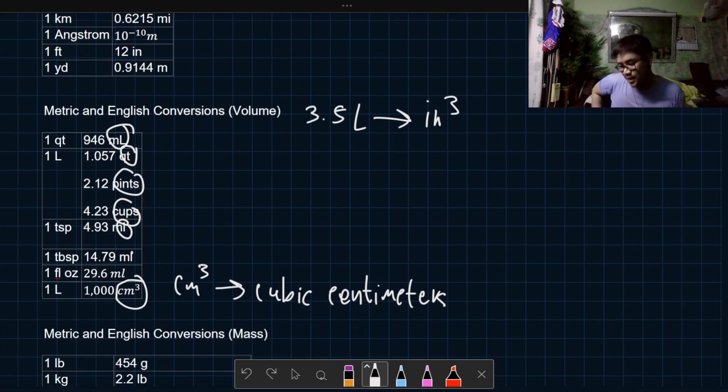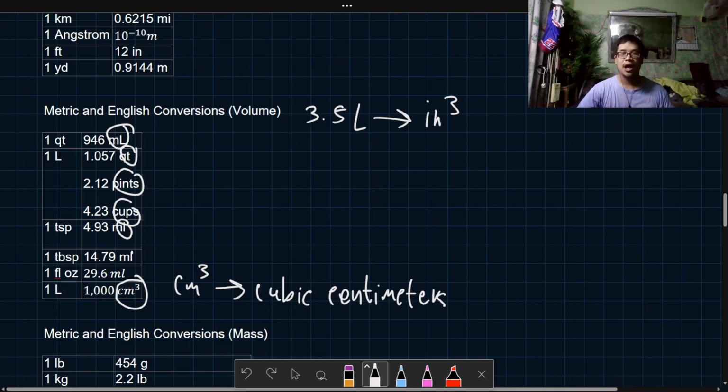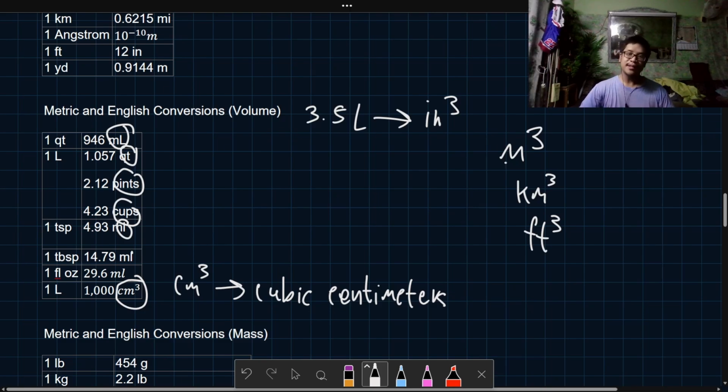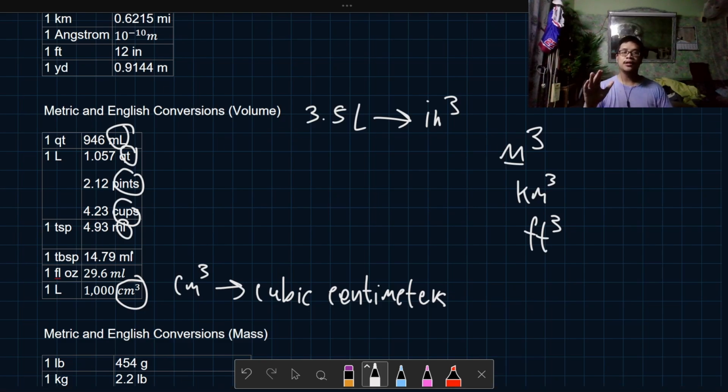If your units have an exponent of 3, like cubic meters, cubic kilometers, or feet cubed, you may think they are length units because they have meter, kilometer, feet, or in this problem, inches. But notice that the exponent is 3.